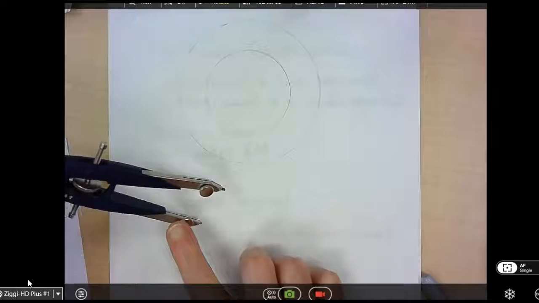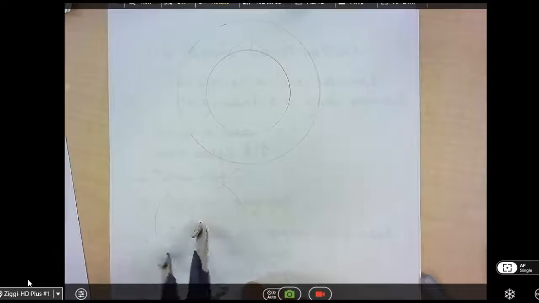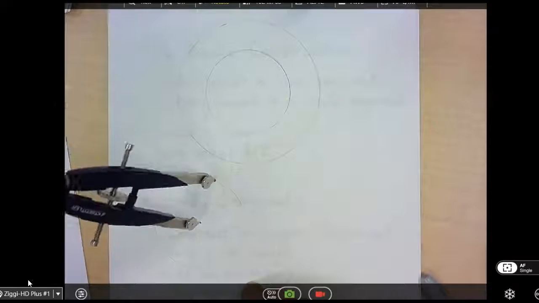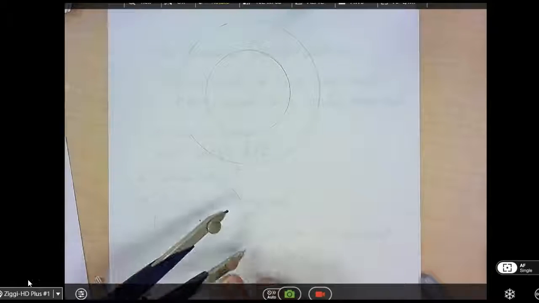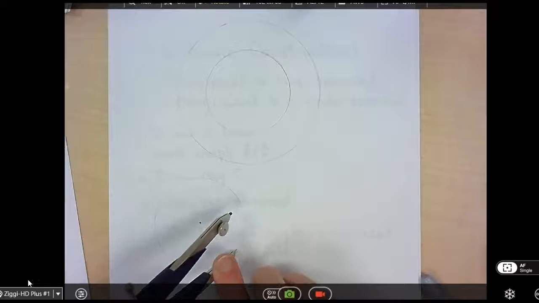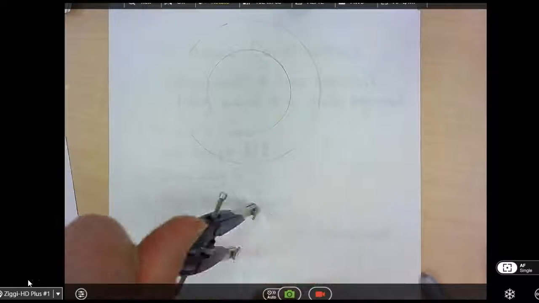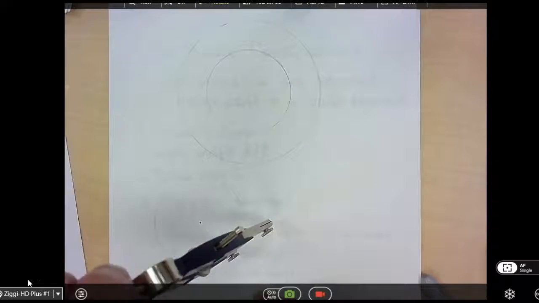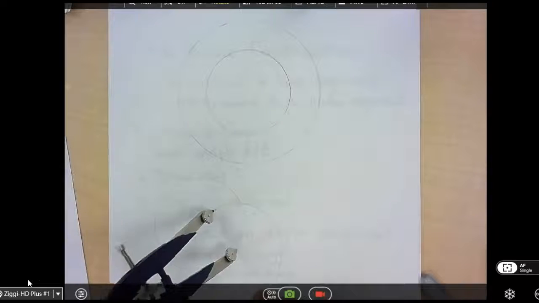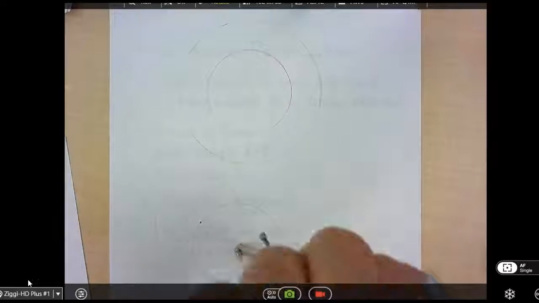making flowers. Start with a point, draw a circle from any point on that circle. Draw another circle that same size. So always make sure your point's pushed into your paper so it doesn't move.